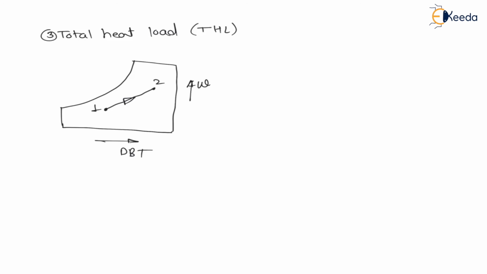You can see here, first of all I have to go from 1 to 2 dash, let us say this is 2 dash, and from 2 dash to 2, right? This is how also we can reach. And we know that 1 to 2 dash is called sensible heat load, and 2 dash to 2 is called latent heat load. Therefore here we have sensible heat load, which is from 1 to 2 dash, which is nothing but h2 dash minus h1 in kilojoule per kg, right?